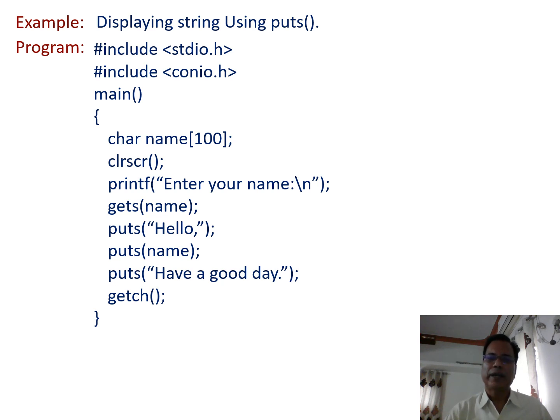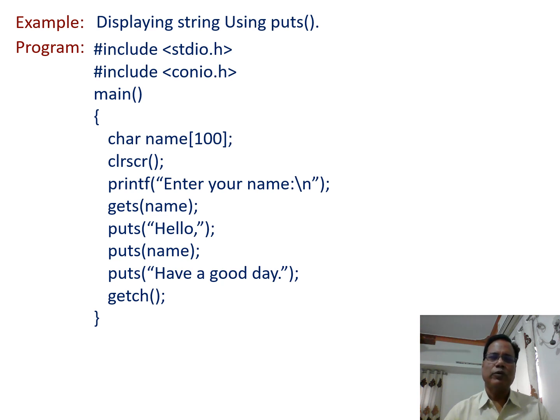The name entered is taken in by the gets function and stored in the character array name. Then using puts, we print "Hello," and using the next statement, puts(name), the content of the character array is printed at this point. Then again using the puts function, "Have a good day" gets printed.